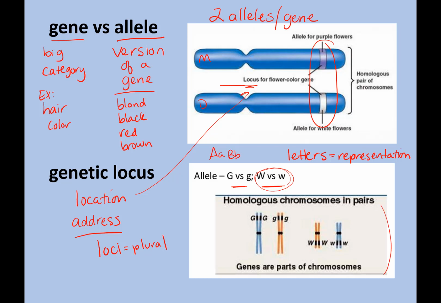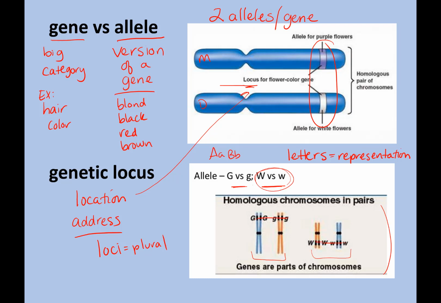This figure demonstrates, again, different alleles on different loci, right? So the G gene, the G alleles are located on this chromosome up here, and the W alleles, the W gene, is located on this chromosome down here. And hopefully you can see that these are homologous pairs because they encode the same kind of information.